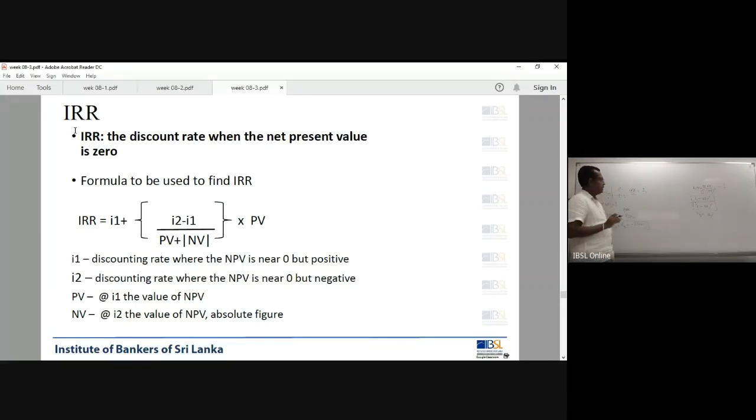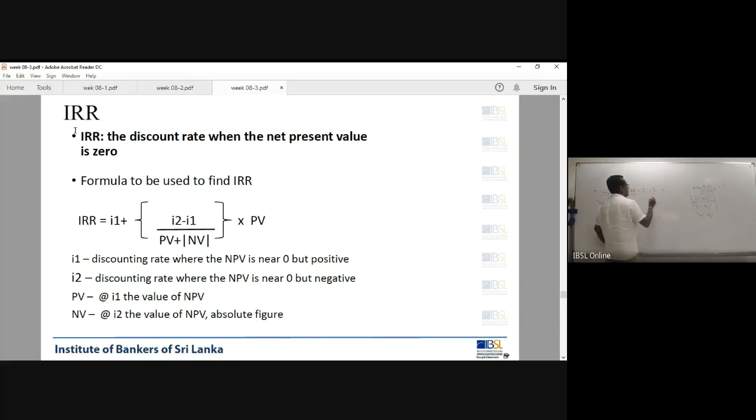I1 is the discounting rate where NPV is zero, near zero, but positive. Then I2 is the discounting rate at which NPV is near zero, but negative.